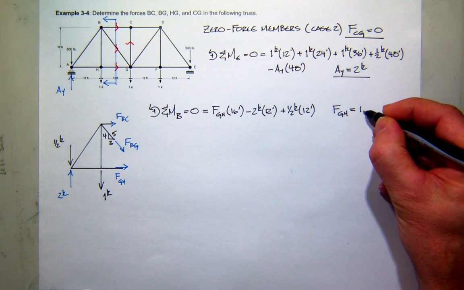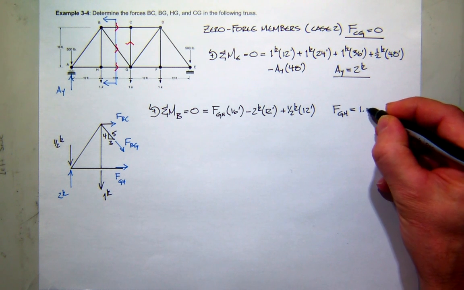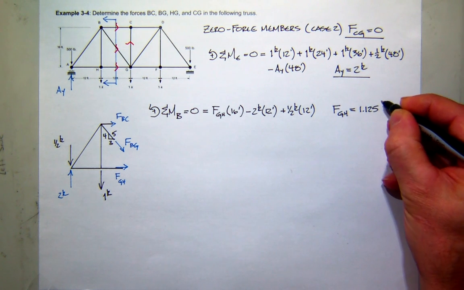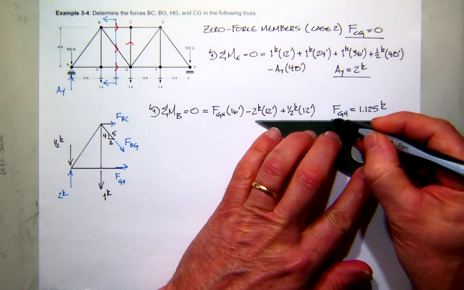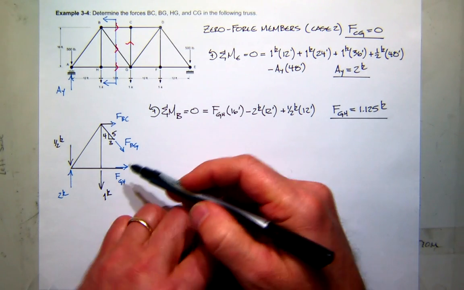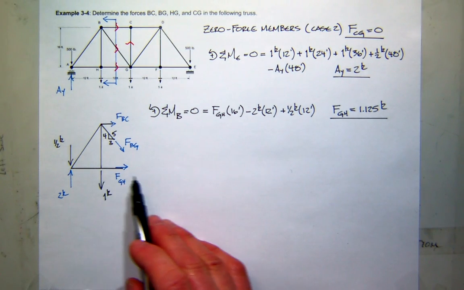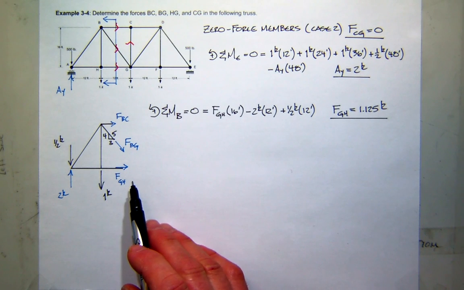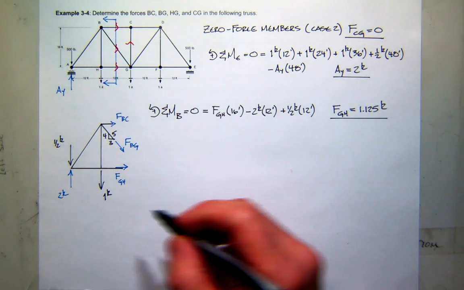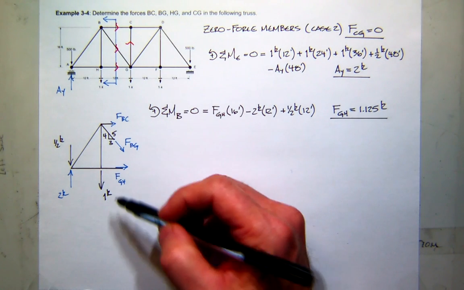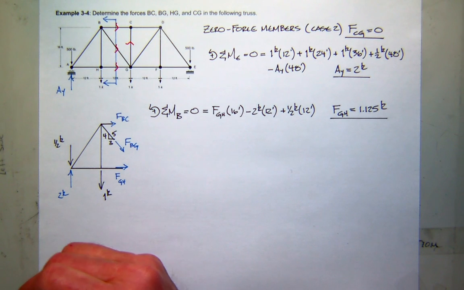So it's 1.125, and that would be kips. So it looks like GH is positive, which means it's in tension. Does it make sense that the bottom chord element would be in tension? Yes.